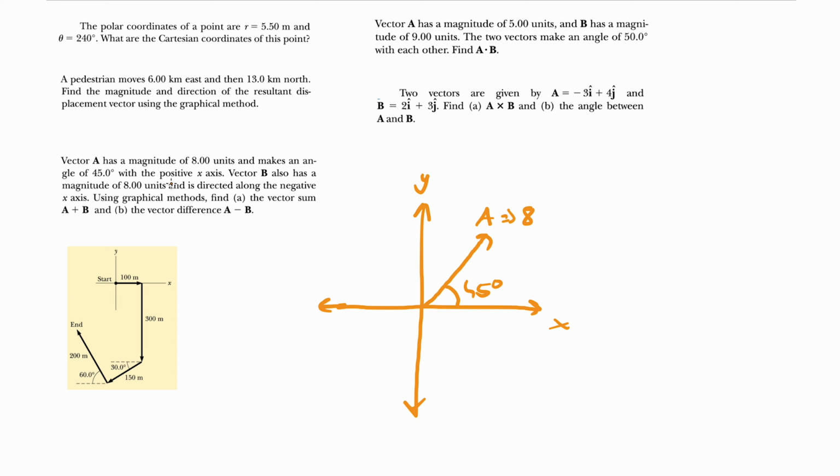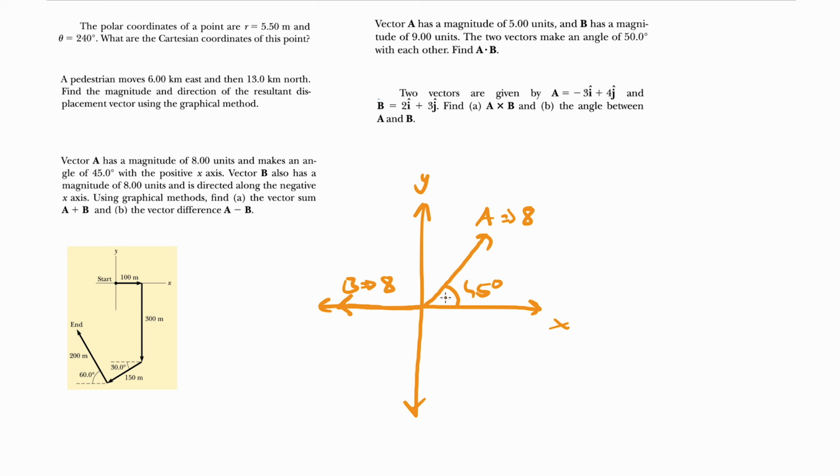So the vector B is directed along the negative x-axis. So it's actually on top of our x-axis. This is B. That's going to be 8 units long. So A plus B, let's look at that. That's easy.